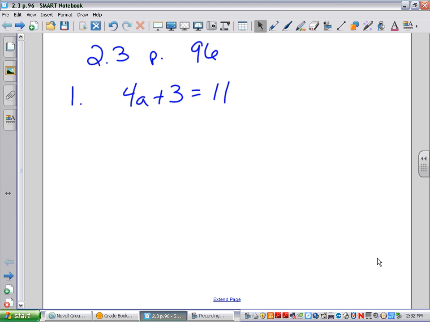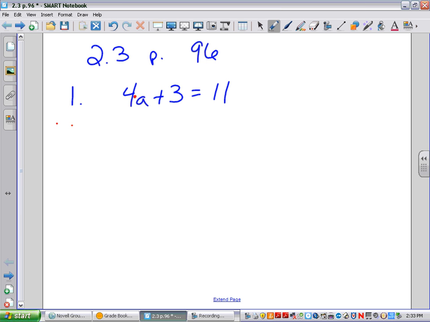These take two steps. If you look at problem number one, 4a plus 3 is 11. In other words, 4 times some number plus 3 gives you an answer of 11. You should see two things: a plus sign in the middle, and between the 4 and the a, a times.